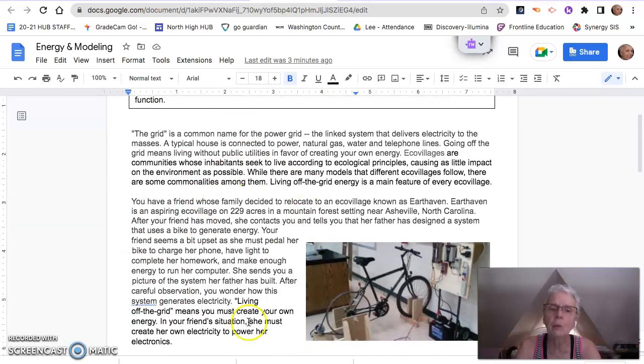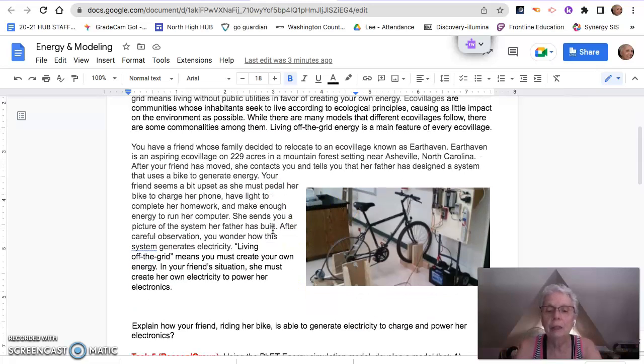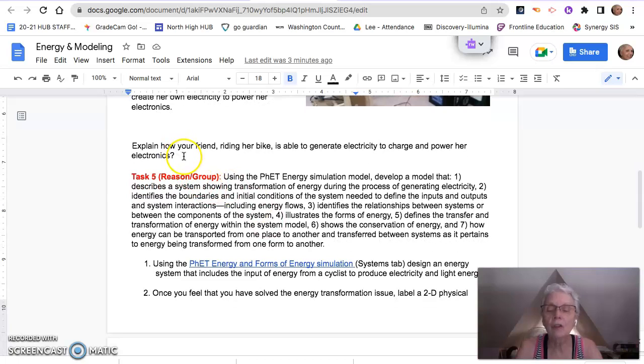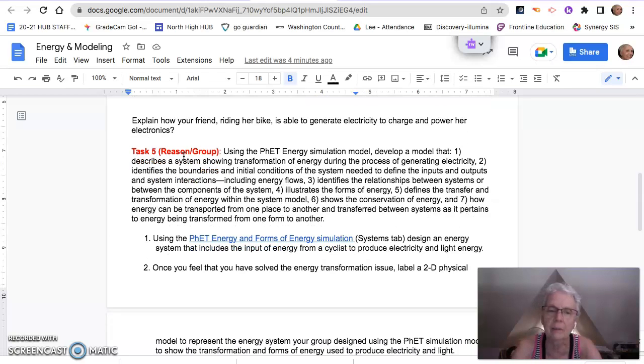If you've forgotten what our phenomena is, you should probably read this story again, because the question you're going to be trying to address in this model is explaining how your friend riding her bike is able to generate electricity to charge and power her electronics.